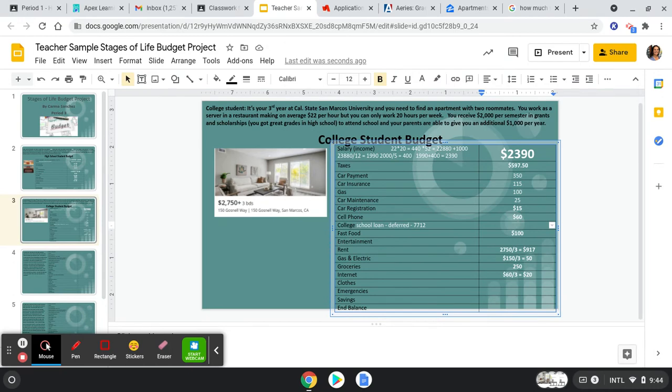So now I'm going to start with that total of $23.90, and I'm going to subtract $597.50, and then I'm going to subtract $350 for the car payment, subtract $115, minus 100, minus 25, minus 15 for car registration, minus 60, minus 100, minus 917 for rent.